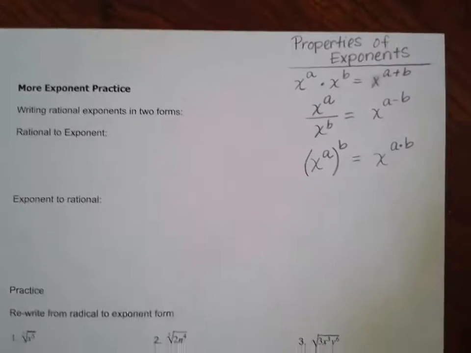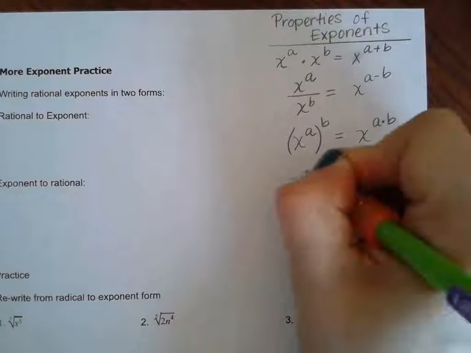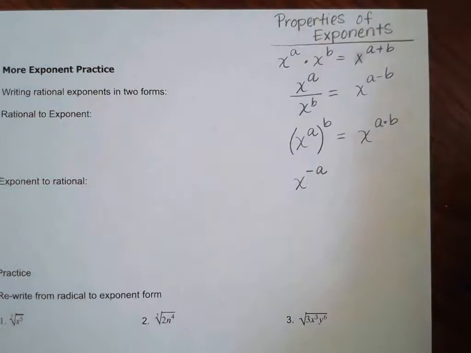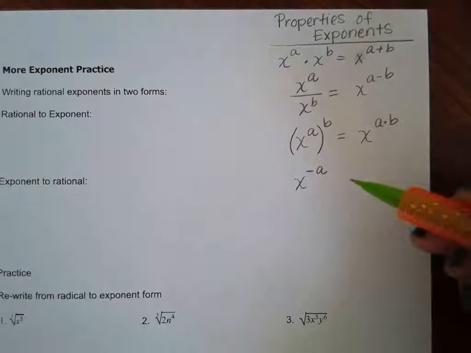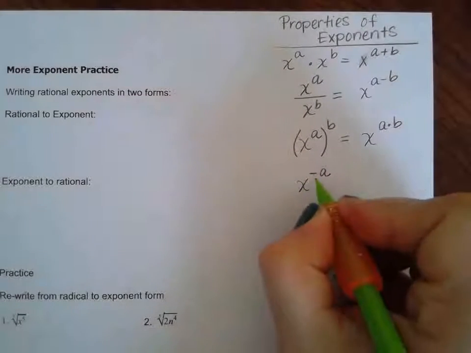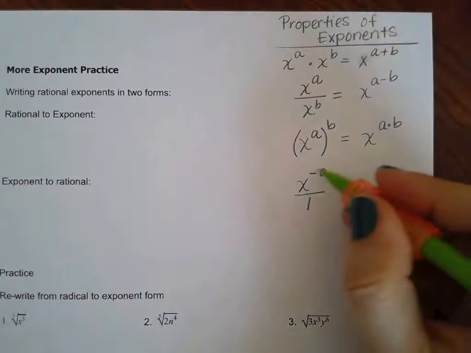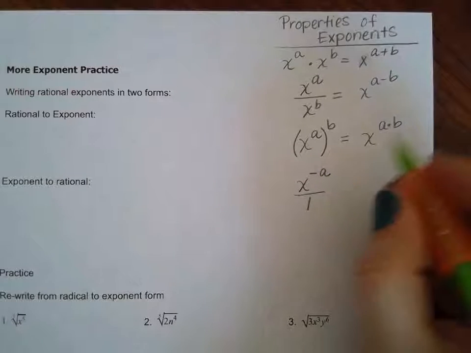And then the last one is if you have x raised to a negative power. This one happens a lot, and we're not allowed to answer with negative exponents. So this is really x to the negative a over 1. If you were to write that as a fraction, all whole numbers are over 1.